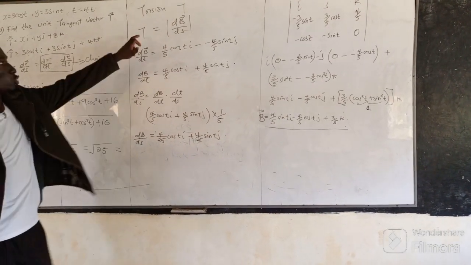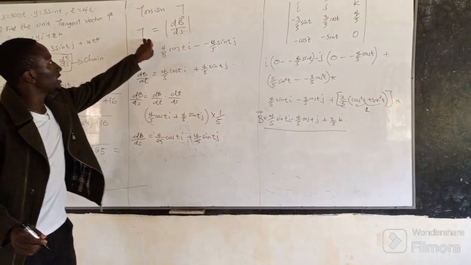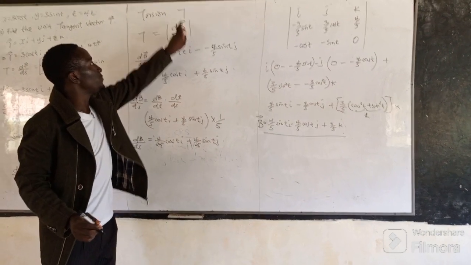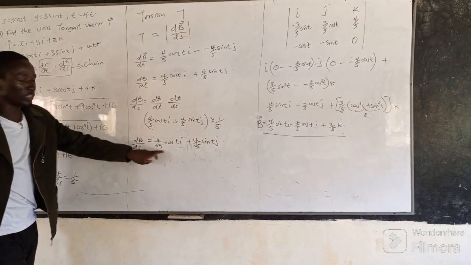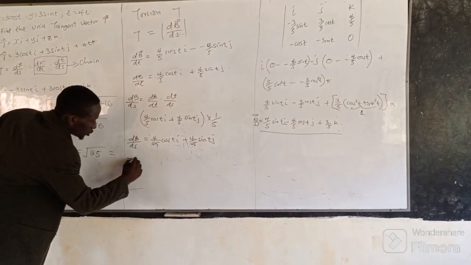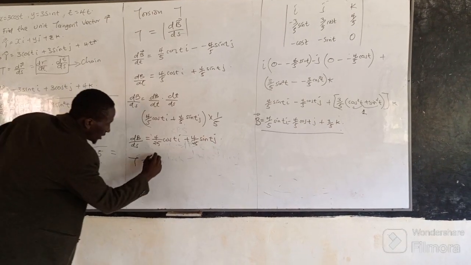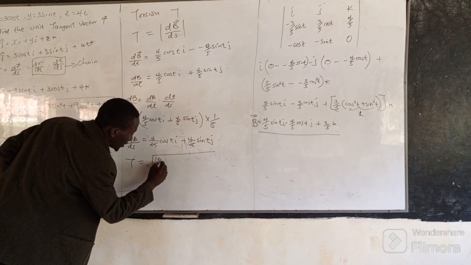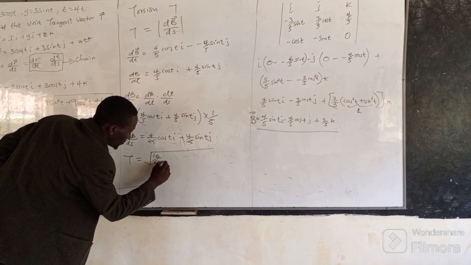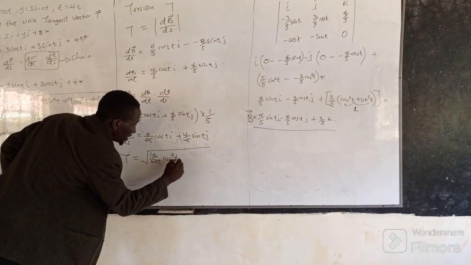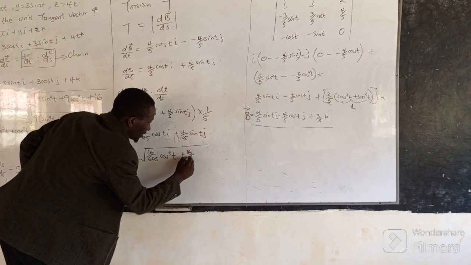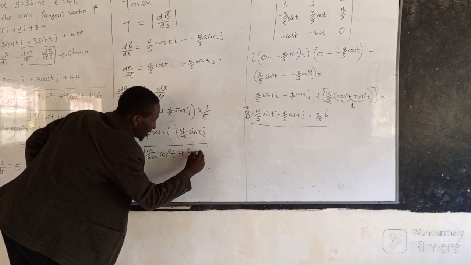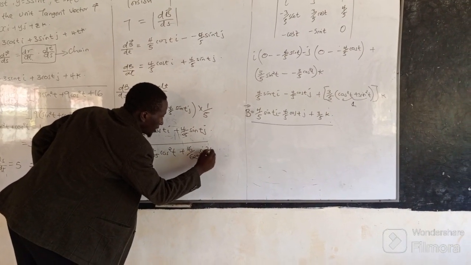But I was looking at the torsion, and we are told that the torsion is equal to the magnitude of dB over ds. Now I have to look at the magnitude of this one so that I can get the torsion. Torsion will be equal to the magnitude of this one, which is the square root of 16 over 625 cos squared t plus 16 over 625 sin squared t.